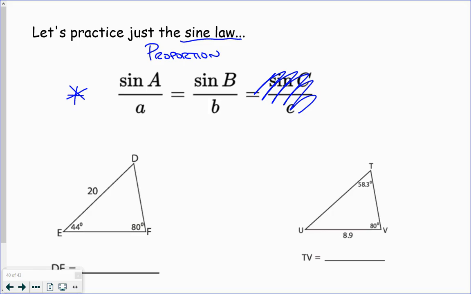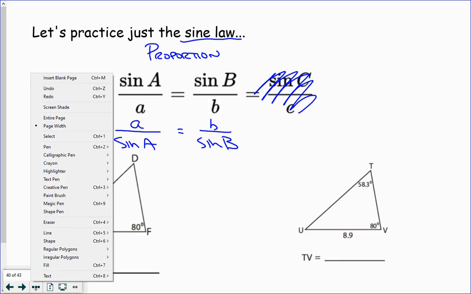How do you solve proportions? Cross multiply and divide, right? Now, the other thing is you can flip this thing upside down. So you could write it as A over sine A equals B over sine B. For me, I usually write it like this instead of like that. I like to put the sides on top, but whatever.